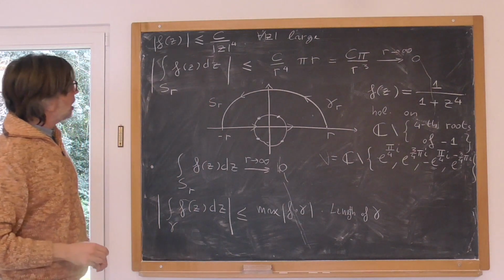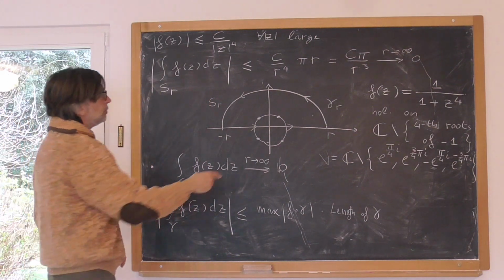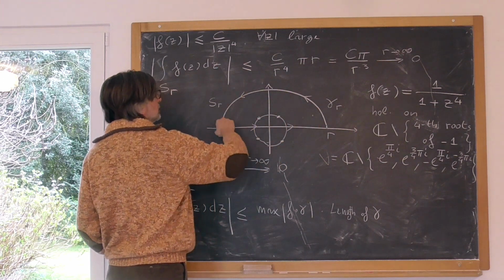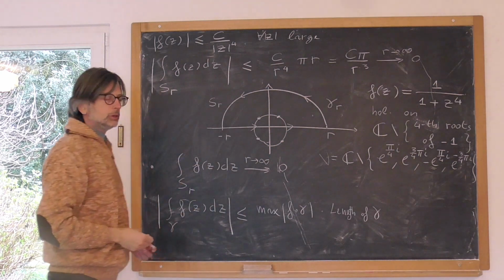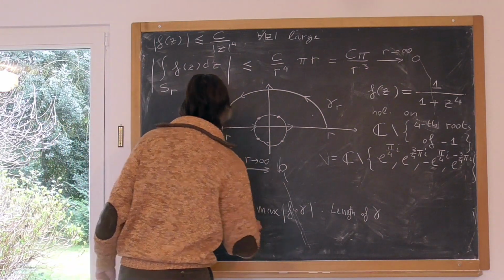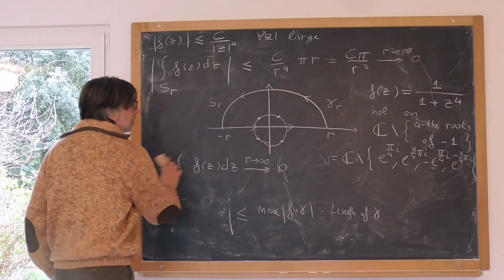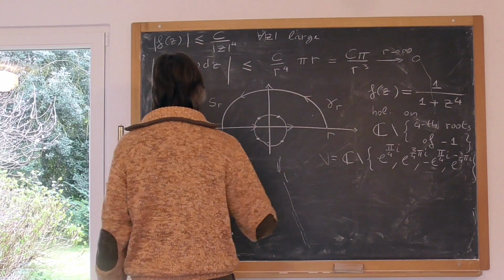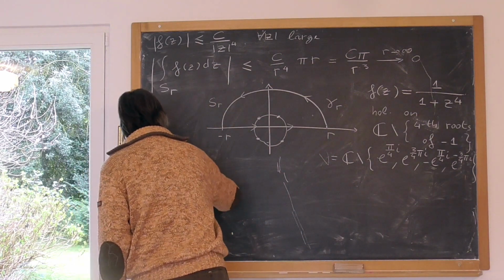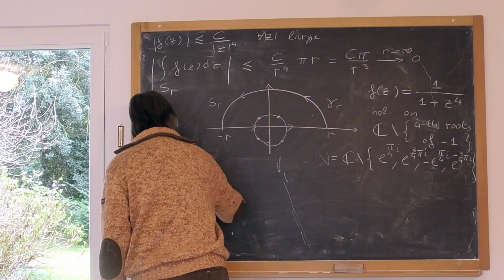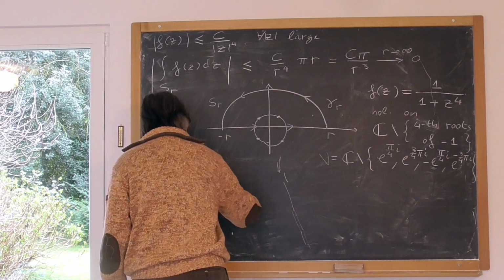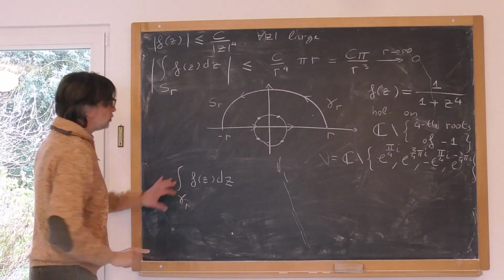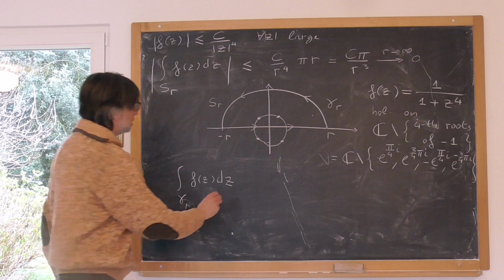Okay? So this shows that the contribution of the integral over this half circle goes to 0 as R goes to infinity. And the conclusion is that if we do the integral on the whole contour gamma_R of f(z) dz, this integral will split in two parts.